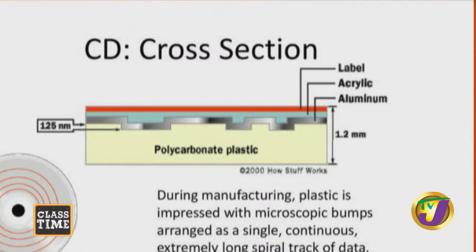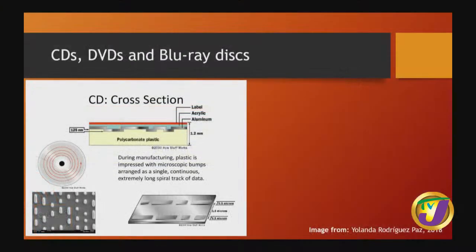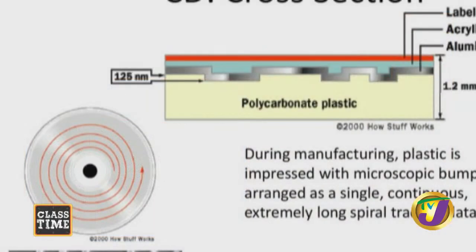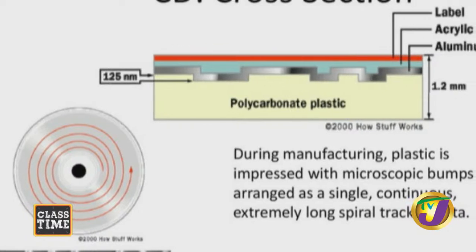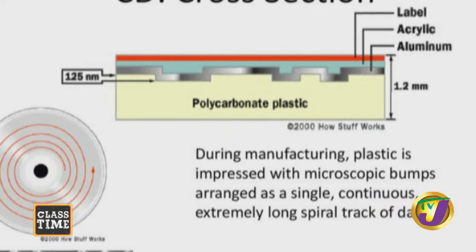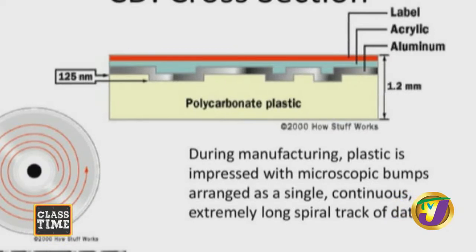And in your DVDs and your CDs and your Blu-rays, there are basically what we call pits and lands. So these pits and lands reflect light in a different manner. And here's what happens. As your light moves across the surface of your disc, if there's a change in the reflection, that stipulates that, okay, that is where we record a 1.